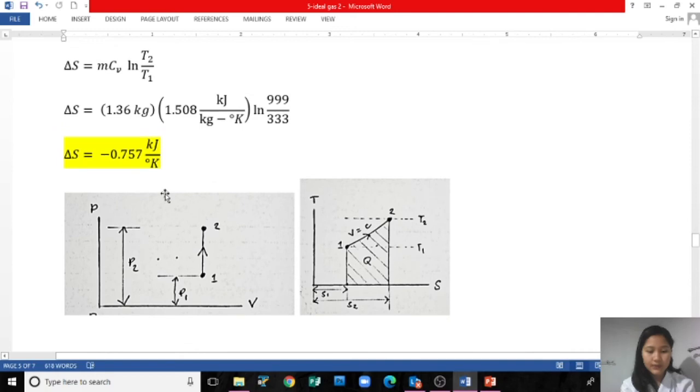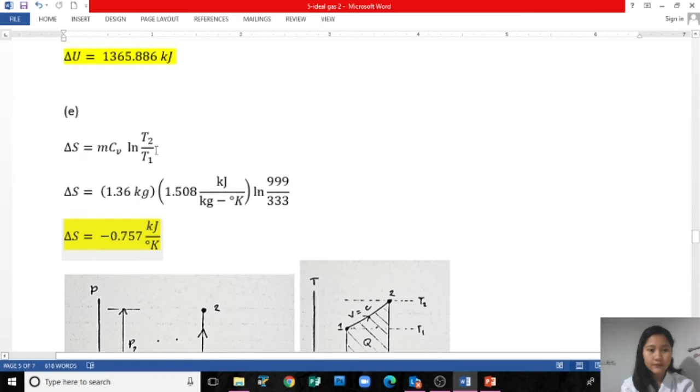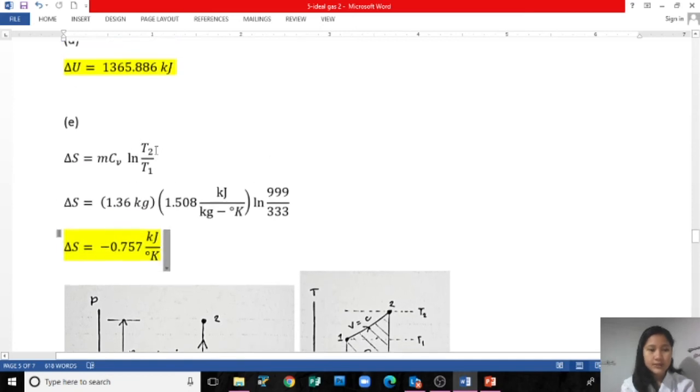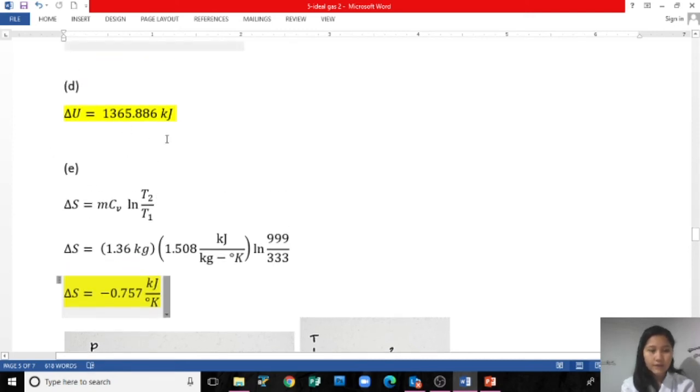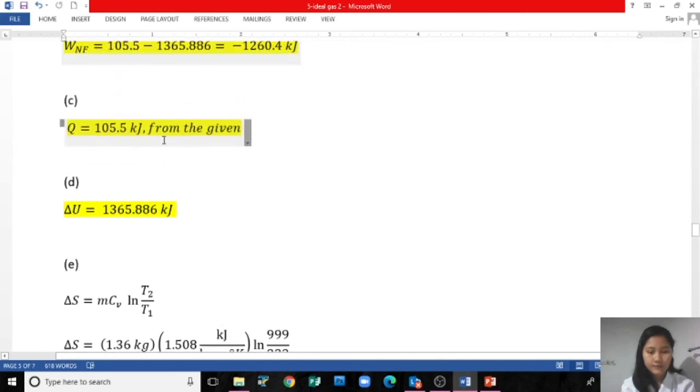Now this problem involves work. The work is done on the system since the computed W previously is less than 0, and heat is transferred to the substance since the value of Q is greater than 0.